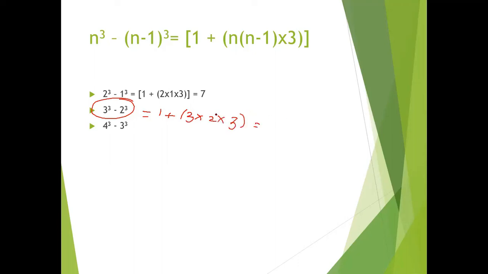That is 3 into 2 is 6, 6 into 3 is 18, 1 plus 18 is 19. You can solve this just by looking at it. Okay, 4 cube minus 3 cube is 1 plus 4 into 3 into 3 again. That is 1 plus 36, which gives us 37. So this is an interesting pattern to remember.